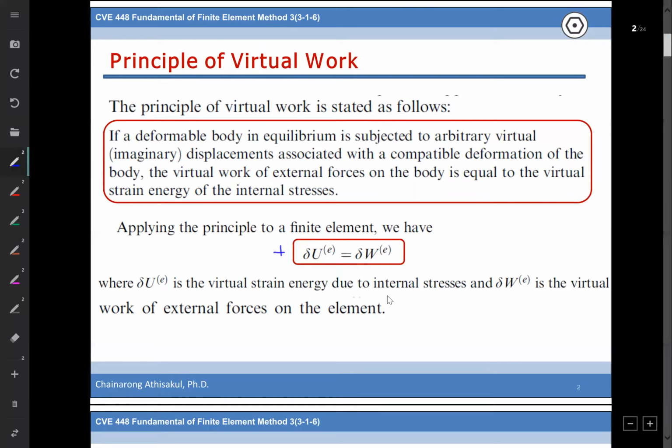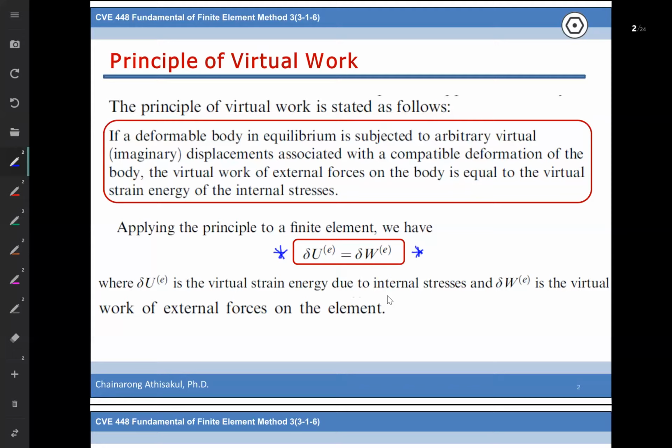That may be written in equation form like this, where delta U represents the virtual strain energy, the virtual strain energy that is due to the internal force or internal stress, and delta W is the virtual work of the external force on the elements.